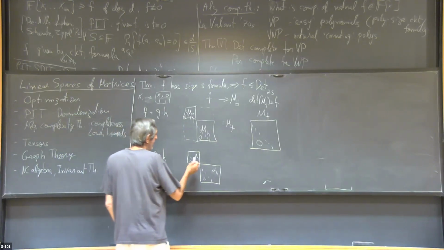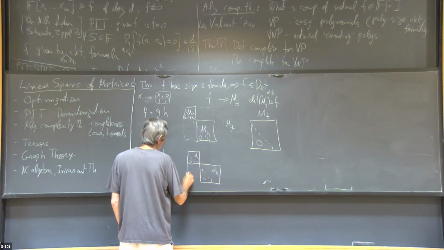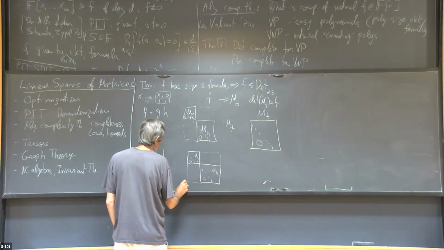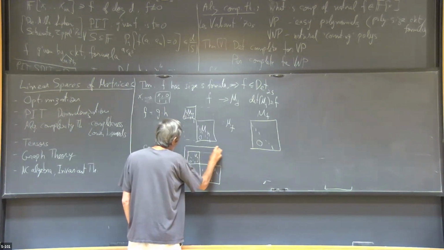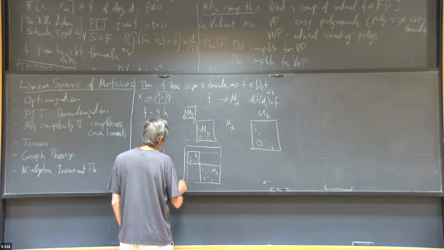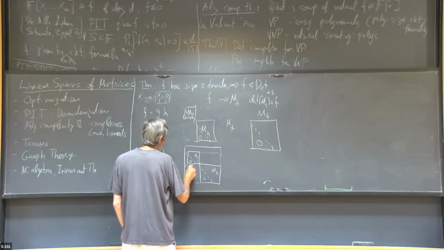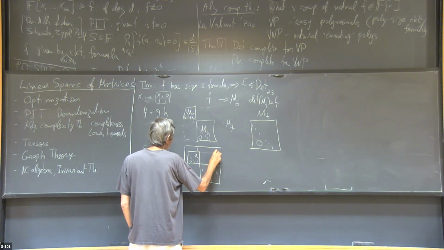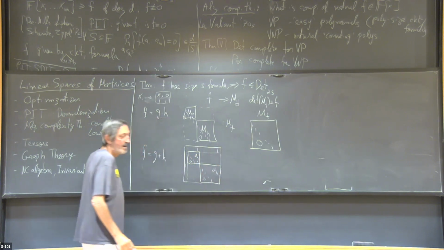So here, let me tell you the answer. Think of this: let's add 1 row and 1 column. We put 1 here, 1 here, and 1 here, 1 here. So what's the point?